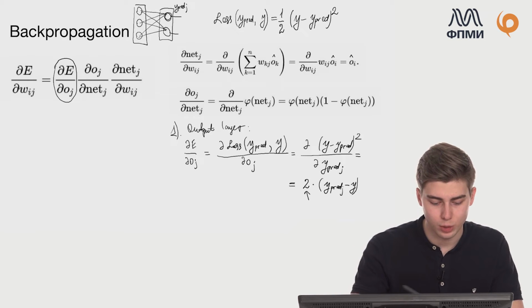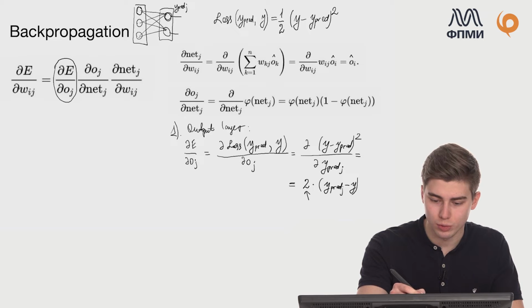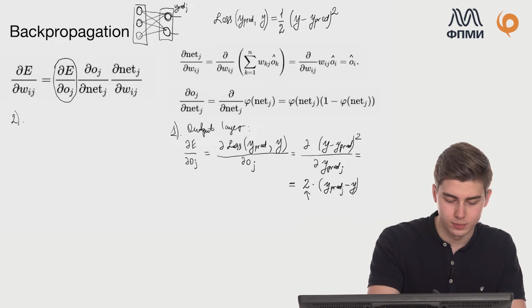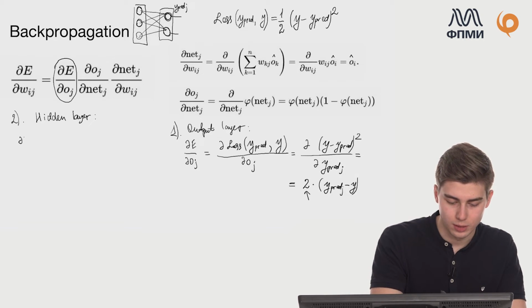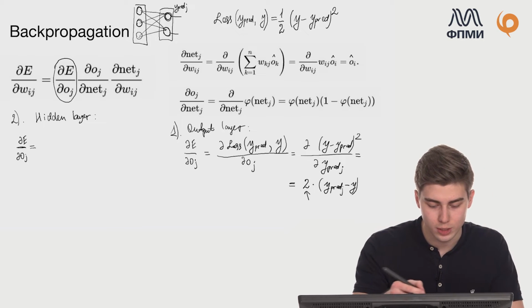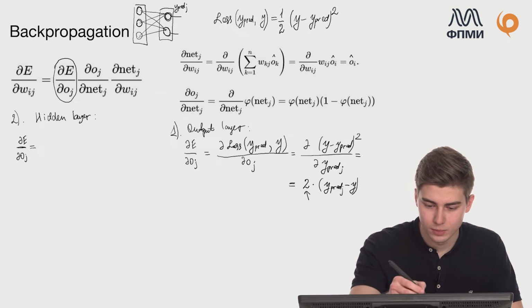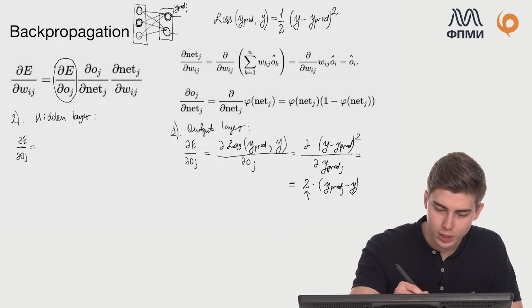In the second case, we talk about the neurons which are not the neurons of the output layer. For example, when we talk about the neurons of the last hidden layer. Let's write the partial derivative of the error with respect to Oj, and here let's talk about this neuron, number j, and these output neurons, number u and v.